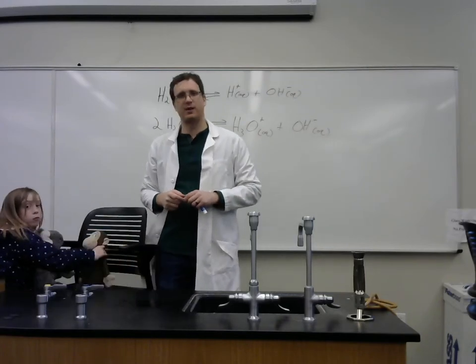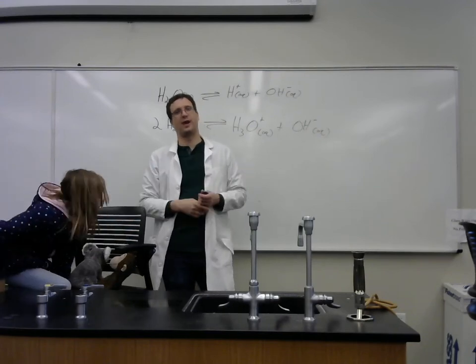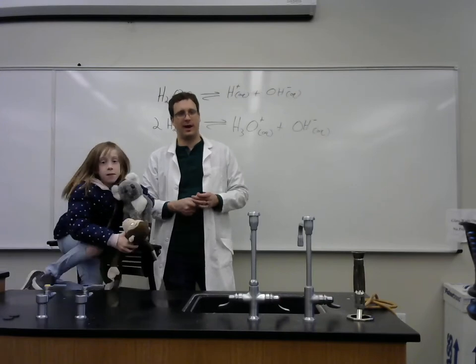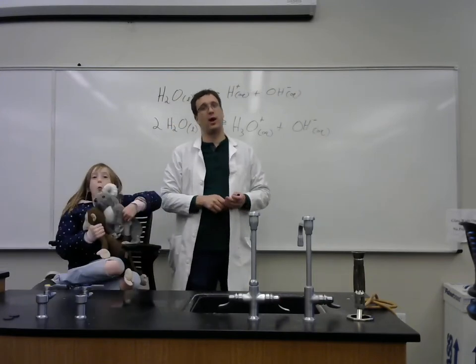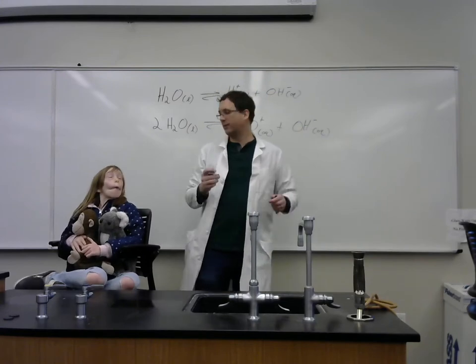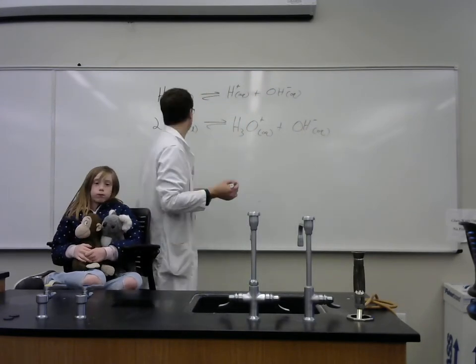There's nothing we can do to prevent it or stop it, and it is really central to how acids and bases will react with water and how they'll interact with each other. So I want to show two more types of reactions. We could have an acid in water, something like HCl.